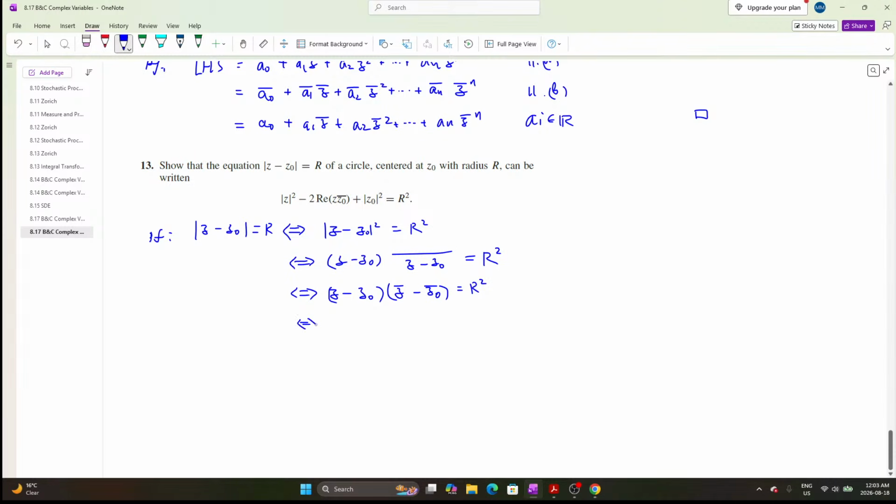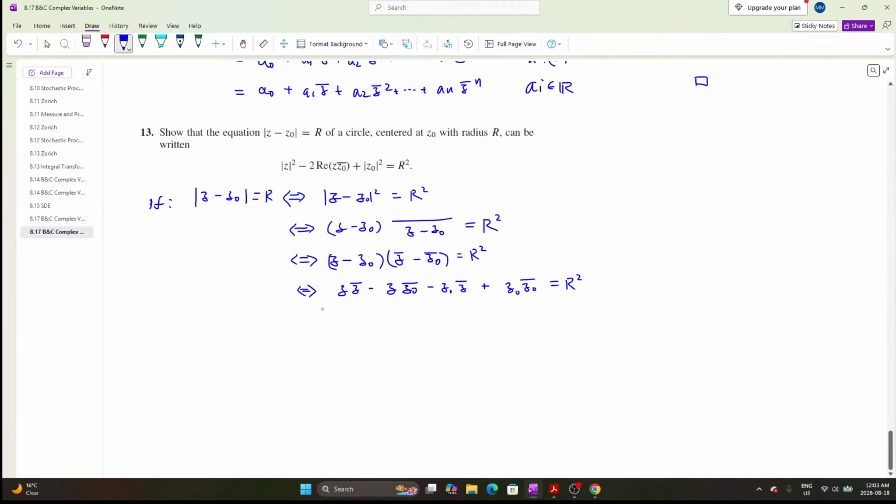And that's exactly z times z bar minus z times z naught bar minus z naught z bar plus z naught times z naught bar equals r squared. Okay, so notice something here. Those two terms are complex conjugates of each other. So this is equivalent to, first of all, this is modulus z squared.